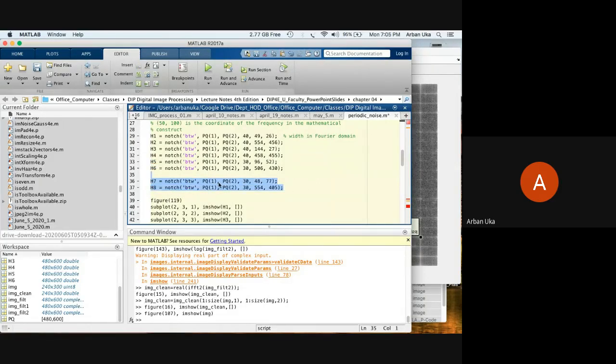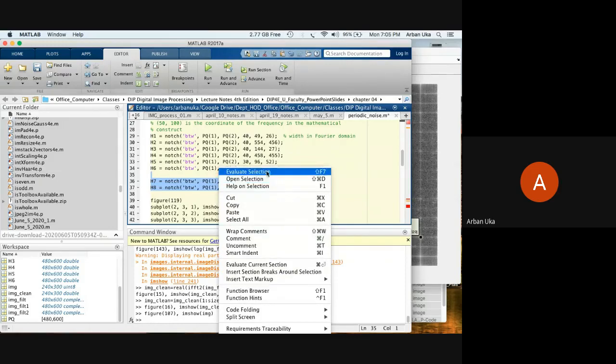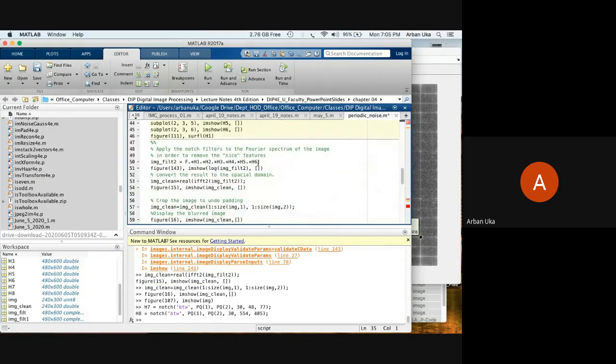So we have two more filters, evaluate selection, and then here we just need to multiply again by H7, multiply again by H8, and now let's call this one image filter 3. And let's see figure 144.